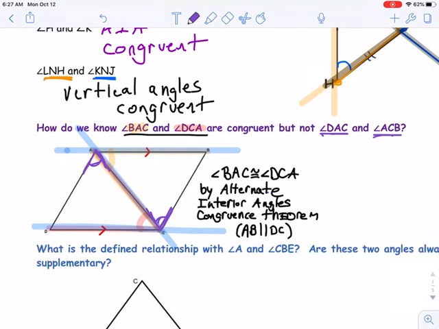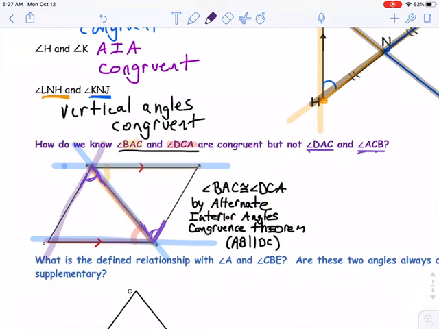Well, we can rotate our iPad. We can look at it sideways and say, we got these two lines. We got a transversal. So shouldn't these two angles be alternate interior angles as well?